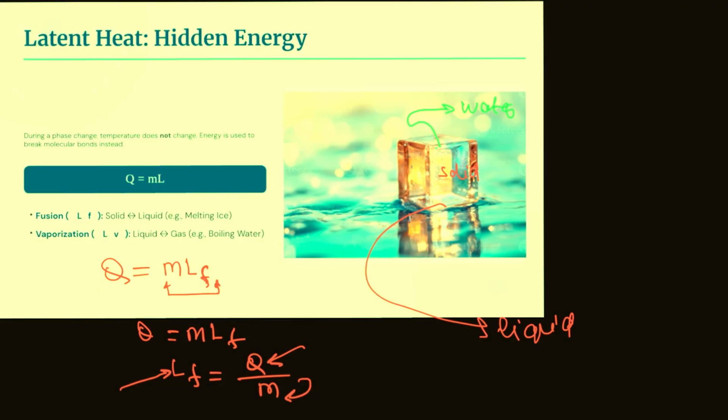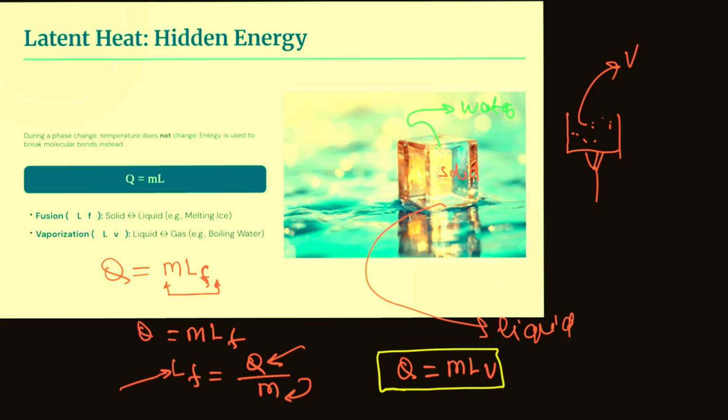Another heat is latent heat of vaporization. For example, if I take this water container and we are boiling this water, right now this water is converting into vapor. So whenever water is converting into vapor, we can write Q is equal to M into LV. In this case also the temperature of this water will remain constant, at 100 degrees Celsius.